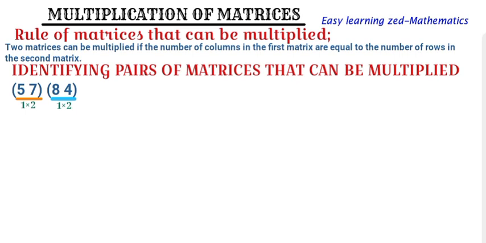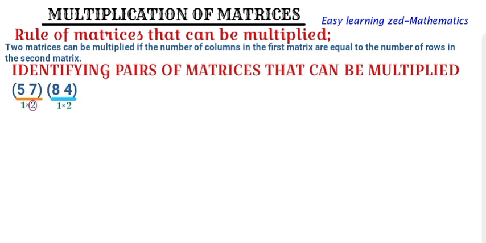The number of columns is indicated by the last number, the number on the right side of the order. That is the 2 there, the one I've circled in pink. That is indicating the number of columns this matrix has. So it has two columns.